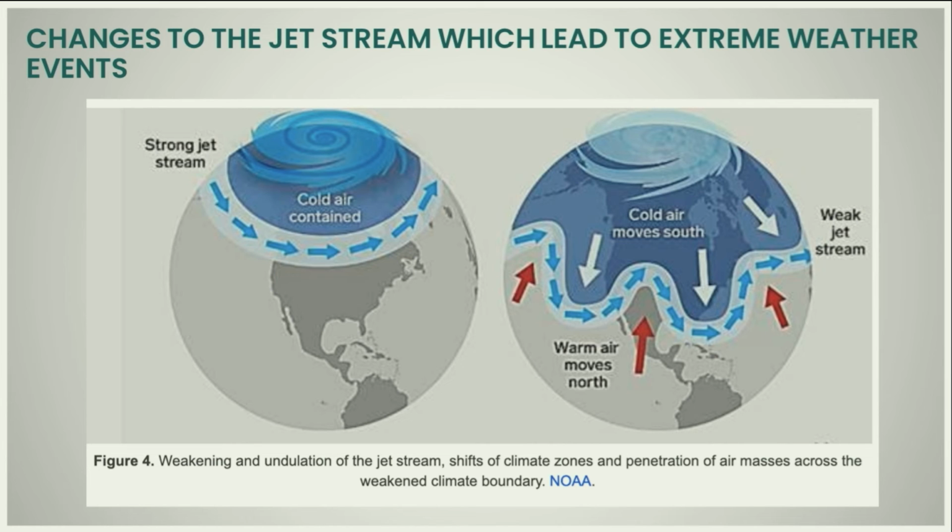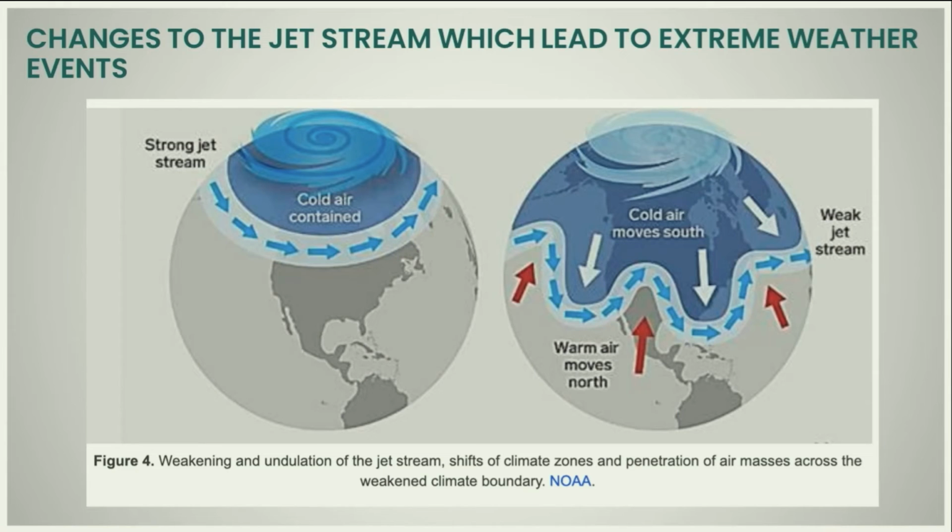So that dark blue cap on the planet of cold air, that cold air is warming up, and it's warming faster than the warm air in the tropics. The temperature difference between the polar and the tropical air mass is decreasing. And that decreasing temperature difference doesn't drive the jet stream as rapidly. So the jet stream is slowing down.